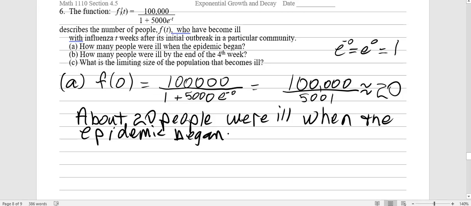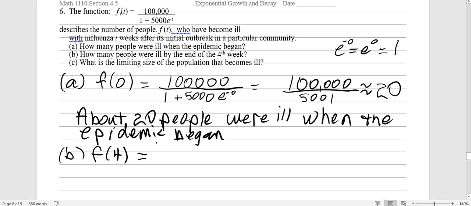Now, the next question is asking me how many people were ill by the end of the 4th week. So it's asking me to find F of 4. t is the number of weeks after the beginning of the epidemic.